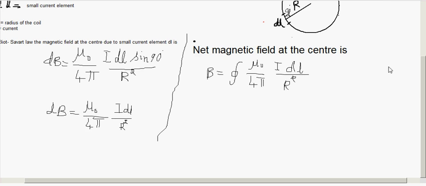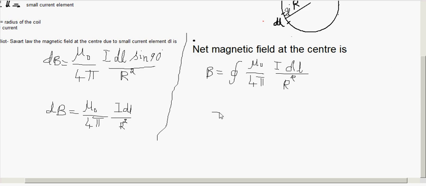You can take the constants outside the integration: mu naught by 4 pi into I by r square, integral of dl. When you add all the small elements dl, you get the total circumference of the circle, which is equal to 2 pi r.